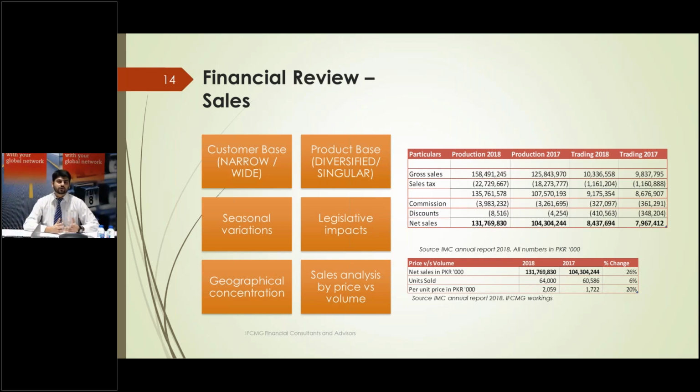That caused a lot of uproar and outrage among the car manufacturers of Pakistan, because that meant that a huge chunk of their market was lost. Bookings were cancelled, car deliveries were withheld, and after a lot of uproar and outrage, this legislation was reversed. So you can see legislations also have impact on sales.